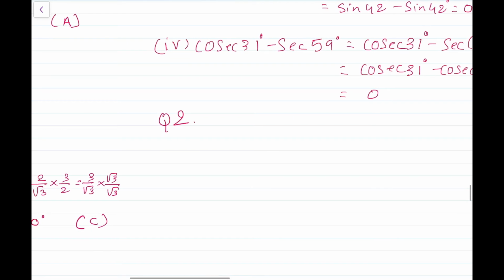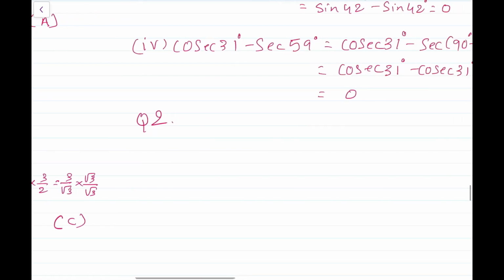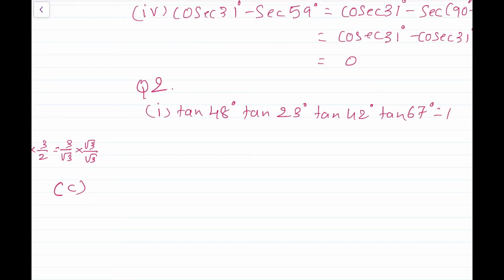We are supposed to prove there in the first one that tan 48 degrees, tan 23 degrees, tan 42 degrees and tan 67 degrees is equal to 1. Here we know tan 48 degrees and tan 23 degrees we keep as it is.